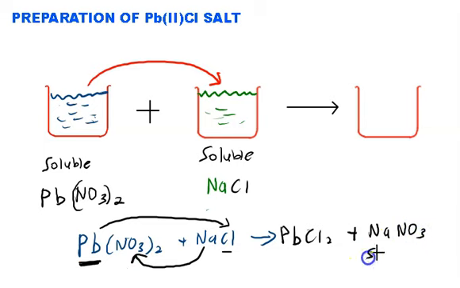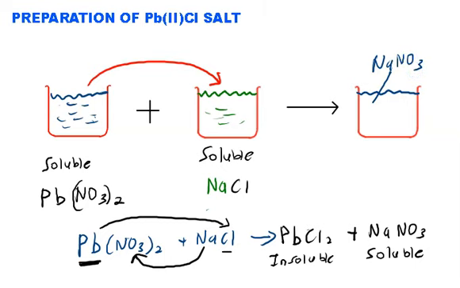Obviously this is soluble. However, the lead chloride here will be insoluble. So you will have one solution that is soluble, the sodium nitrate, and we will also have a precipitate, and this precipitate is the plumbum chloride.